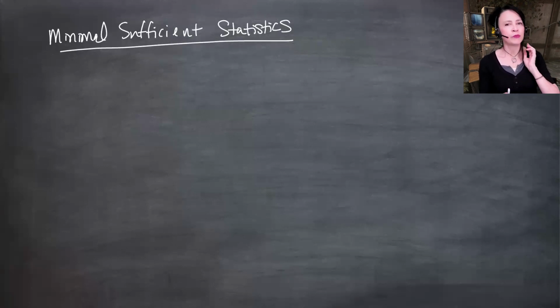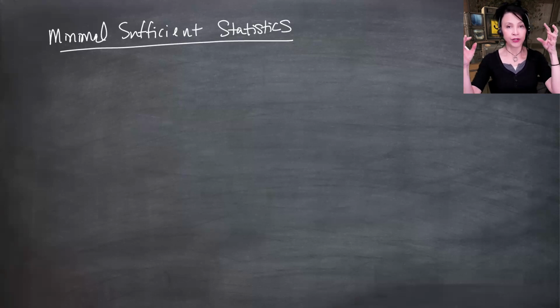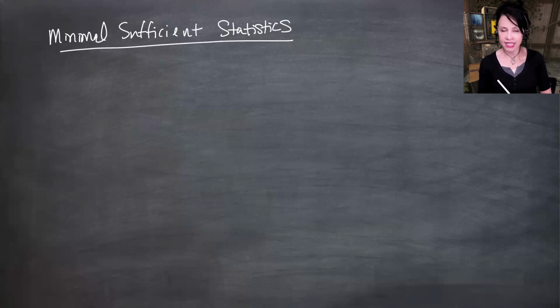If you're looking for a minimal sufficient statistic and you find a sufficient statistic using the factorization criterion, you'll remember we had an example with the uniform 0 theta distribution where we had a joint PDF and we rewrote it and rewrote it again and we kept getting lower dimensional sufficient statistics. A minimal sufficient statistic is not really defined in terms of its dimension, but it is going to have low dimension. So if you're looking for one, that's a good place to start.